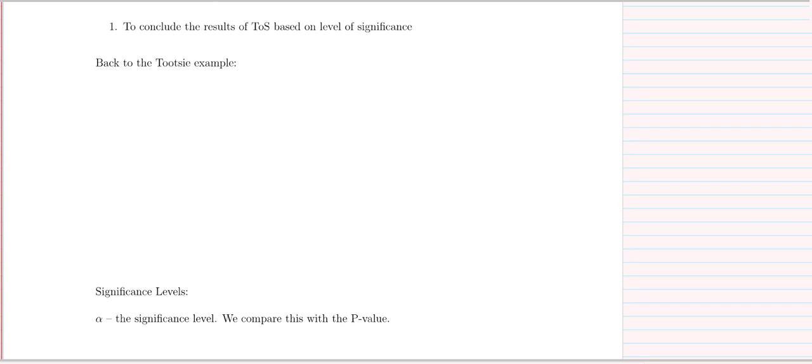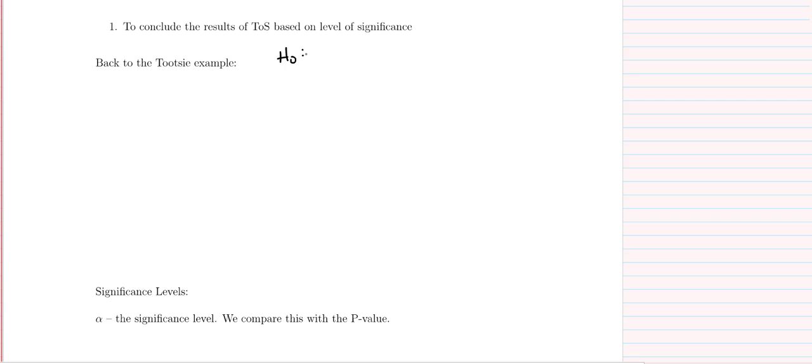So let's just review. We're talking about this Tootsie Roll Pop example where we have the null hypothesis that on average it takes 3 licks to get to the center of a Tootsie Roll Pop. We have our HA, which says our claim is that on average it takes more than 3 licks to get to the center of a Tootsie Roll Pop.